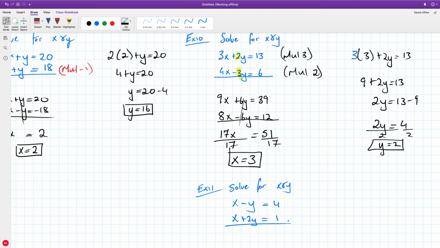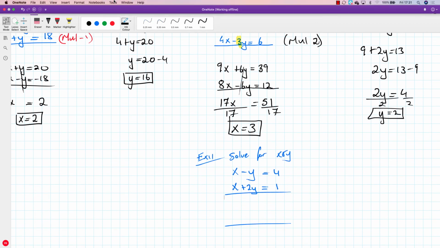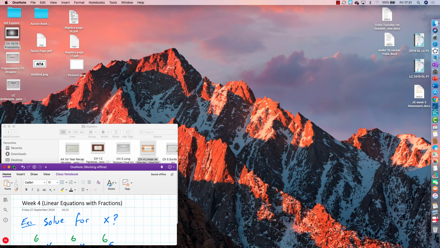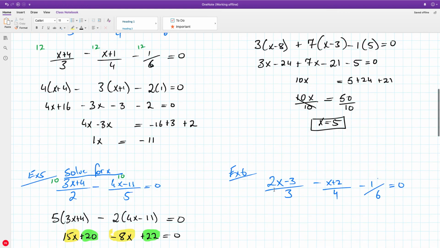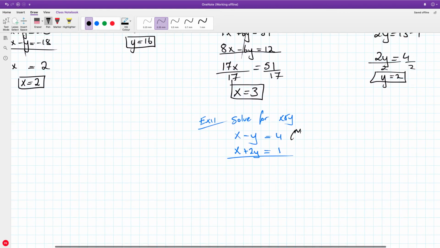We multiply our top line by 2, we said, and we're going to multiply our bottom line by 1. Let's jump back into the document. So we're going to multiply our top line by 2. We're going to multiply our bottom line by 1.